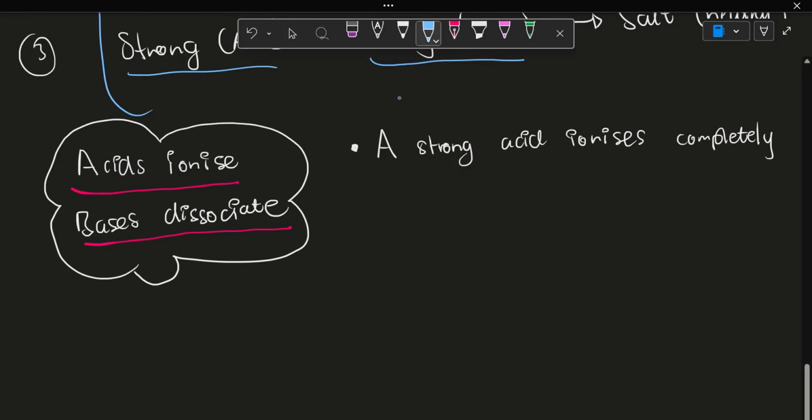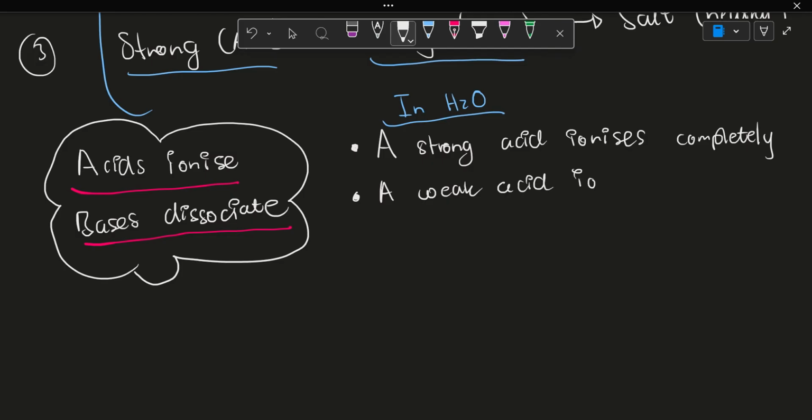So in water, in H2O, the following applies. A strong acid ionizes completely, and a weak acid ionizes partially, or incompletely, but just stick to partially, right? So a strong acid ionizes completely and a weak acid ionizes partially.